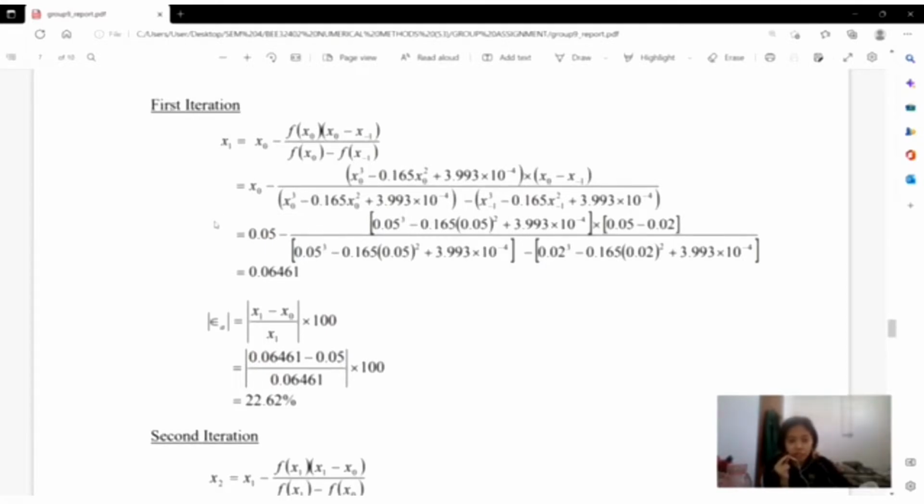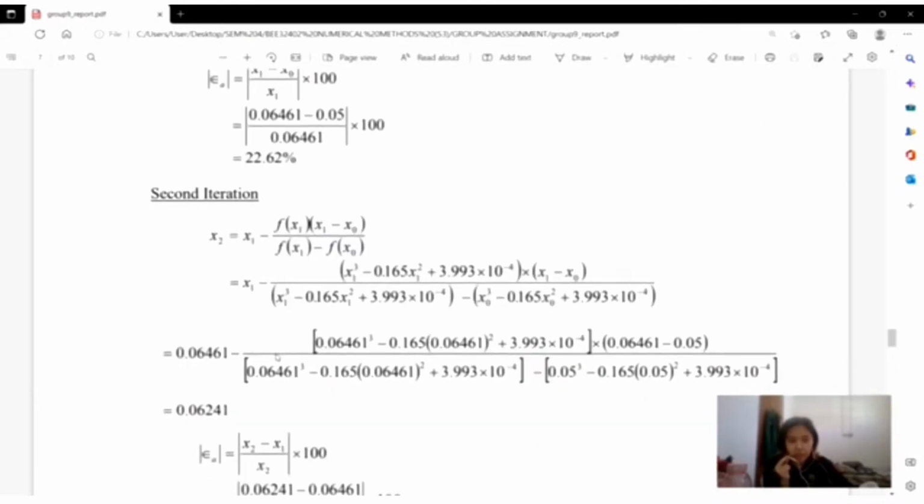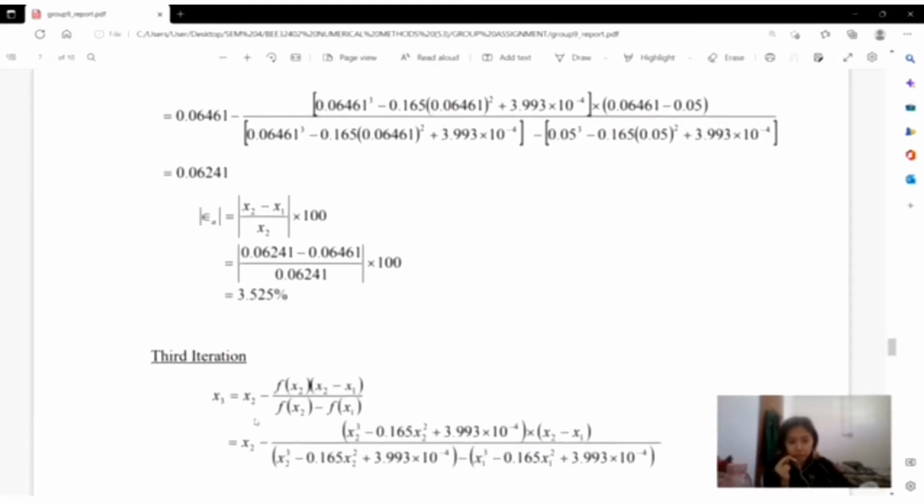For the first iteration, we got 0.06461 for the manual calculation, and the absolute relative approximate error is 22.62%, which is still more than 5%. For the second iteration, we got 0.06241, and the absolute relative approximate error is 3.525%.